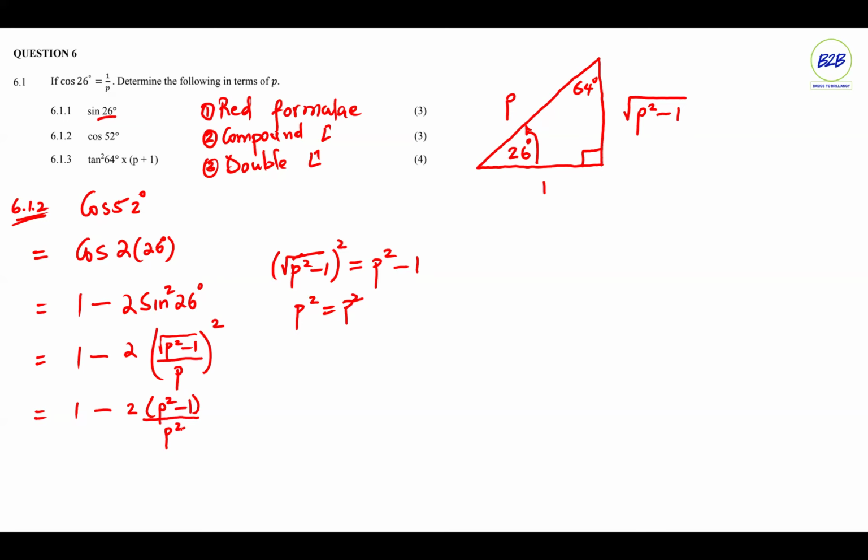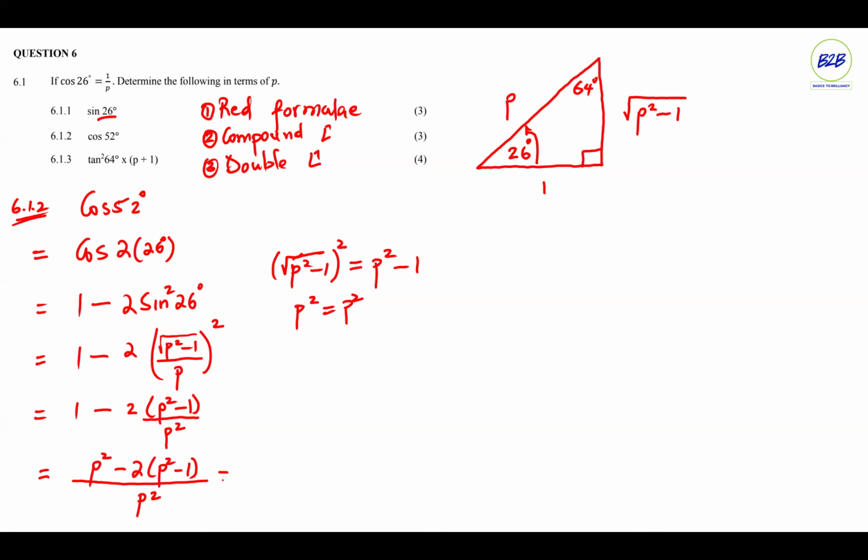Right. And now you will perform your algebra to ensure that you add these two fractions properly. You must take the LCD, p squared, and then you will be left with p squared on this side minus 2 times p squared minus 1.